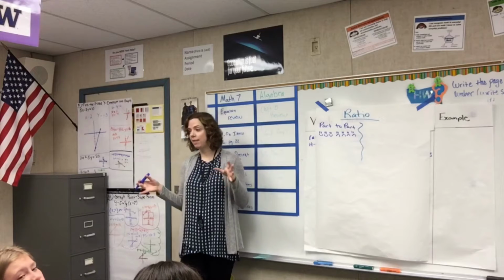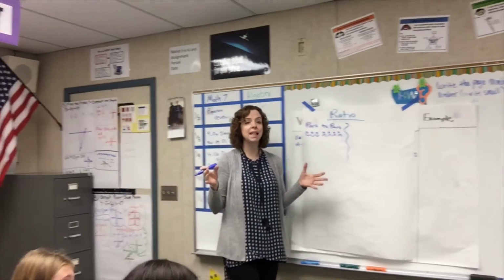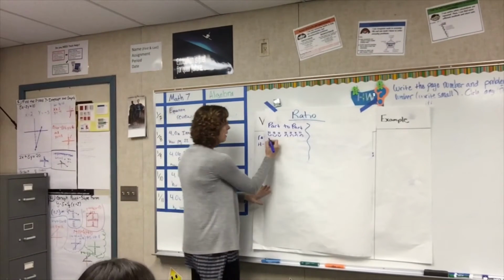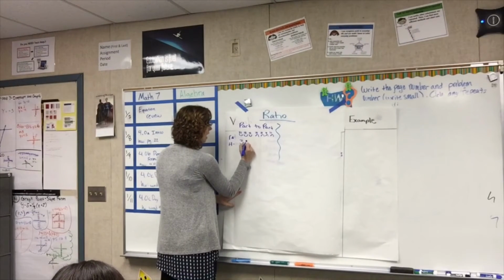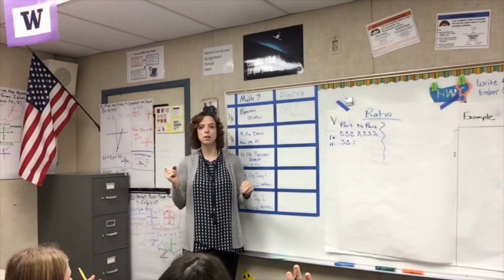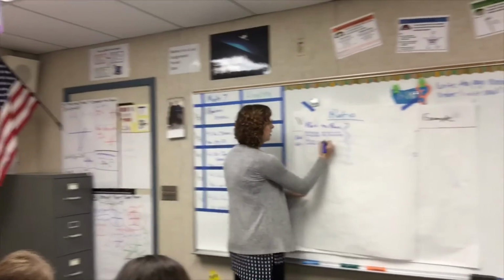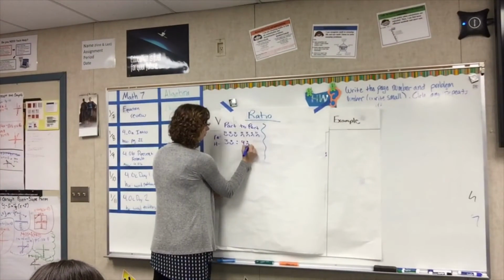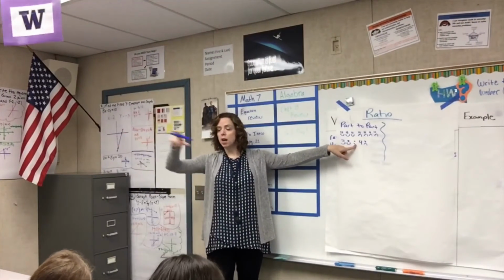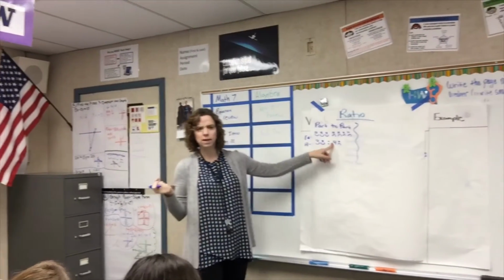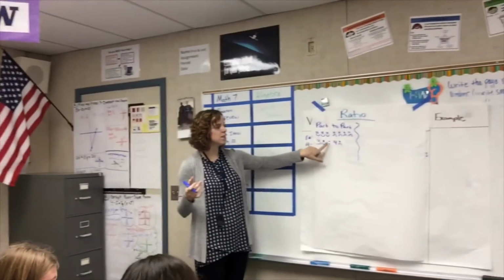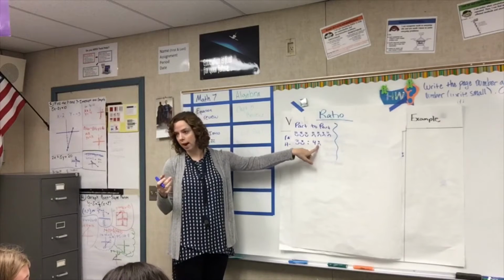Part to part is where you name how many smiley faces there are to how many sad faces there are. So how many smiley faces do you see? Yes, 3 smiles. So we have 3 smiles to how many frowny faces do you see? Yes, 4. Nice. I noticed that some of you asked on your observation charts, what does that colon mean? That colon basically means the word "to."